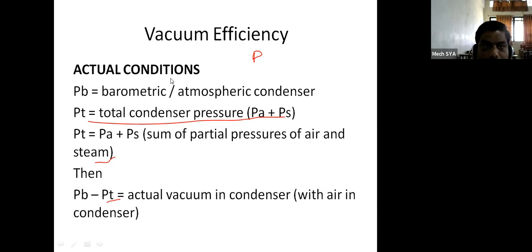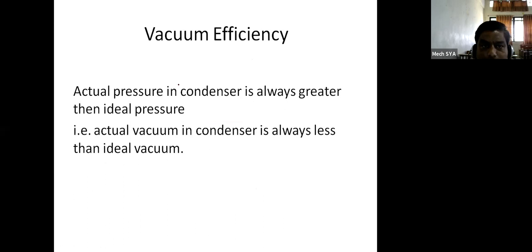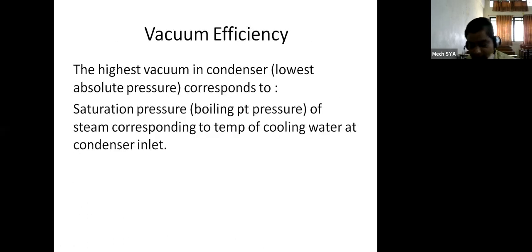So we have defined vacuum efficiency. We know that due to some amount of air leaking into the condenser, the actual vacuum present inside the condenser is lower than the ideal vacuum.